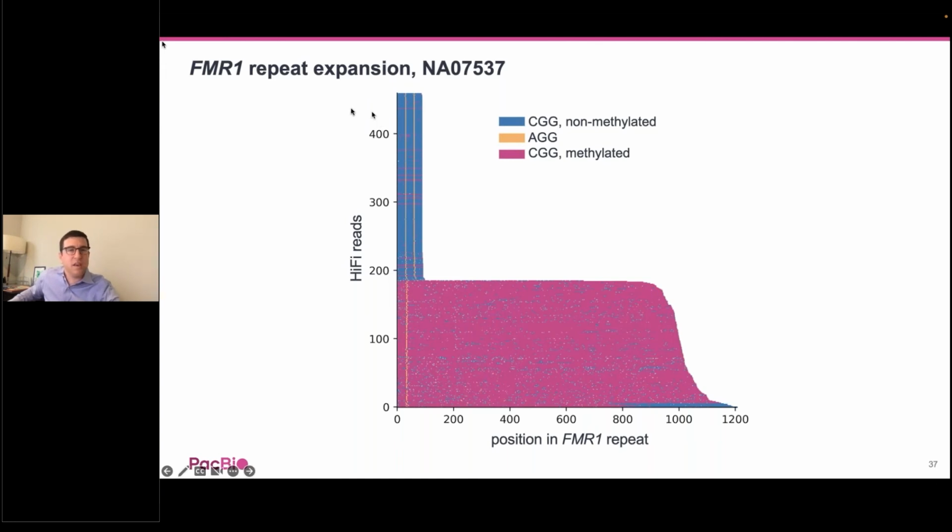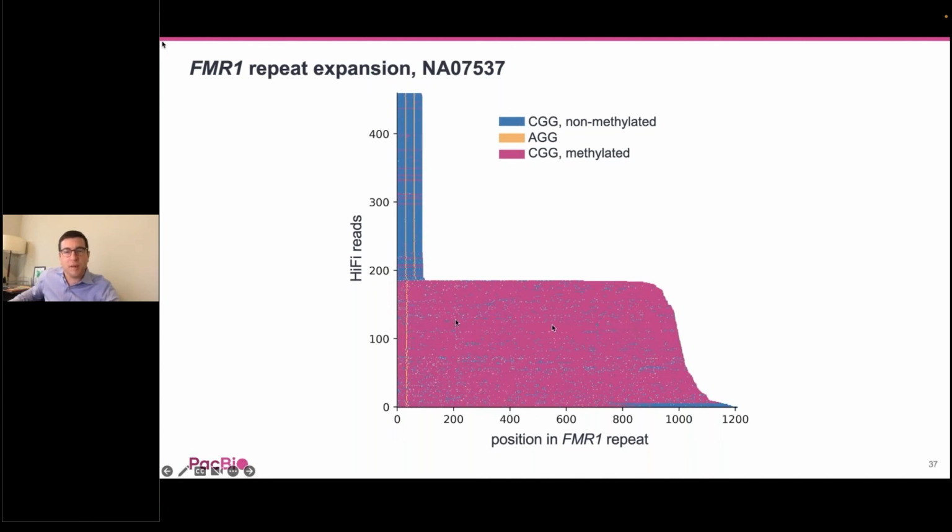So the mechanism of pathogenicity, or what's thought to be the mechanism of pathogenicity for this repeat expansion, is silencing by methylation upon expansion. And you can see that clearly here. If you look at the short alleles, you can see very few of them are methylated, which is shown in pink.